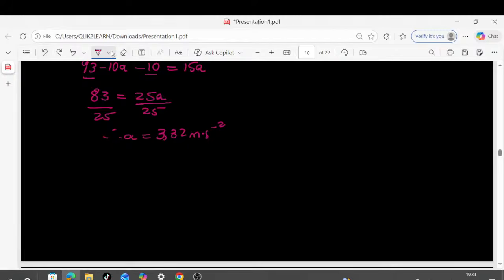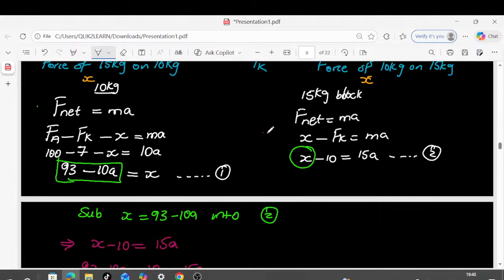Let's do the substitution. A is equal to 3.32 meters per second squared. Let's quickly check. Remember we know the value of X, so let's substitute into equation 1.